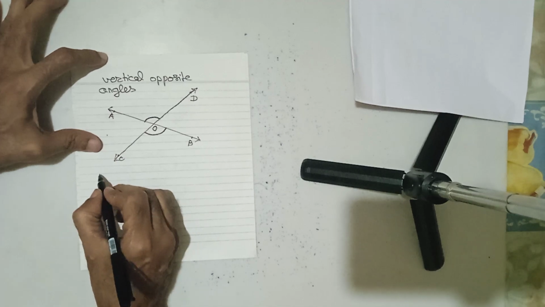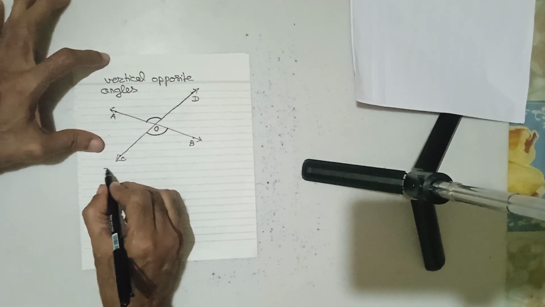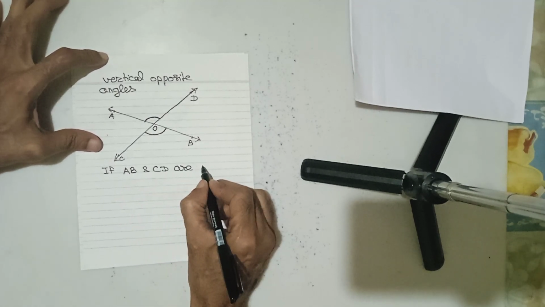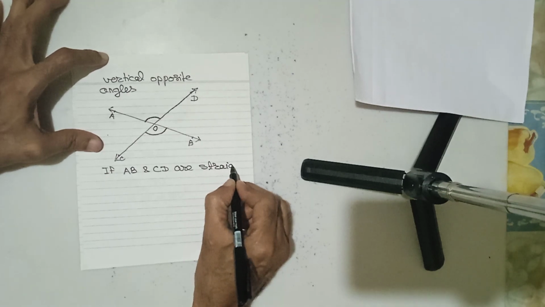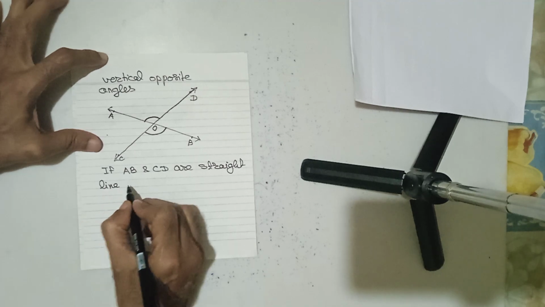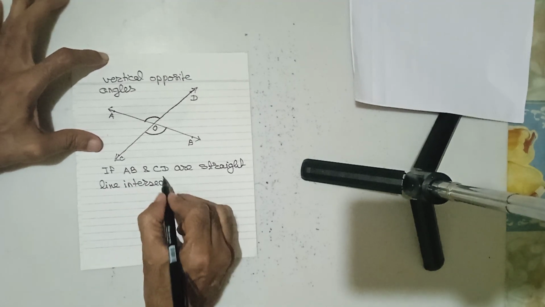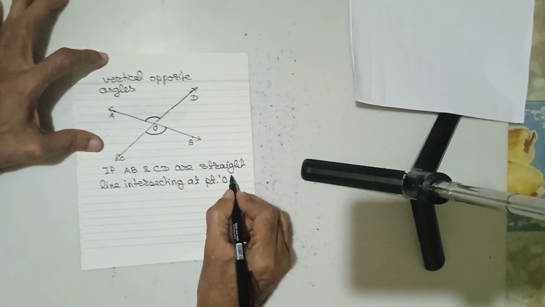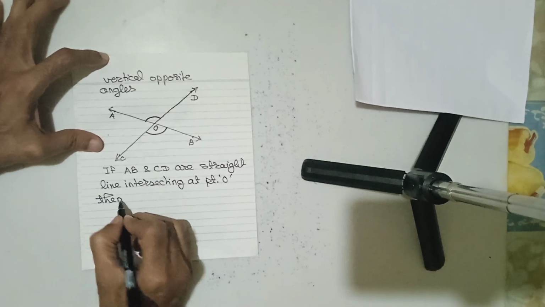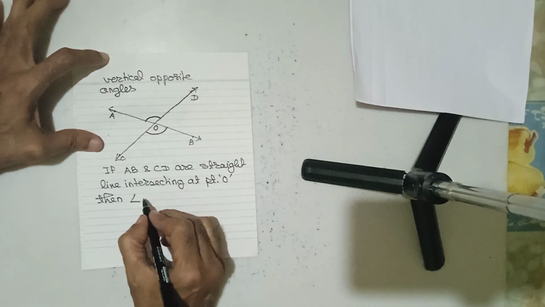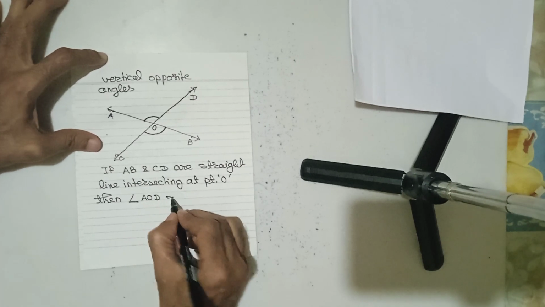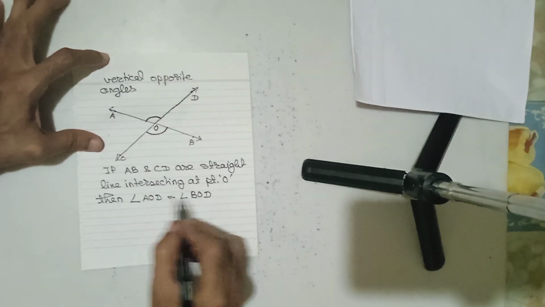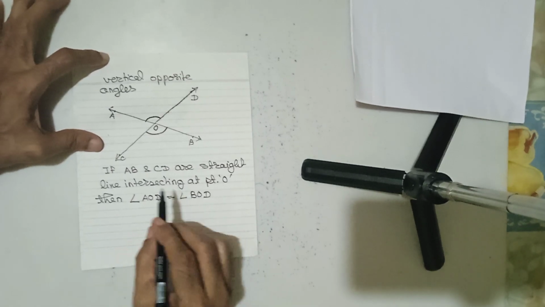So it is an important result that if AB and CD are straight lines intersecting at point O, then angle AOD will be equal to angle BOC, and both are vertical opposite angles, so vertical opposite angles are equal.